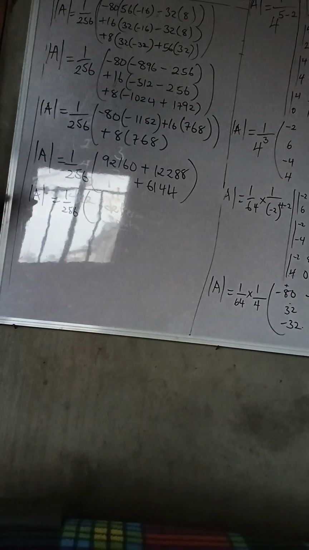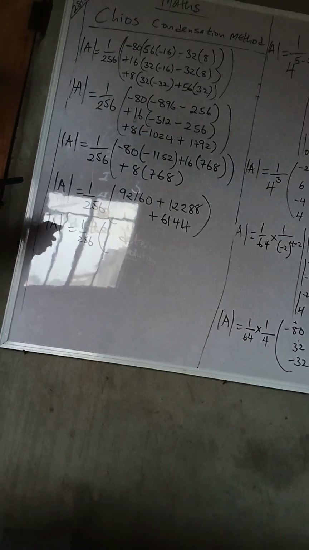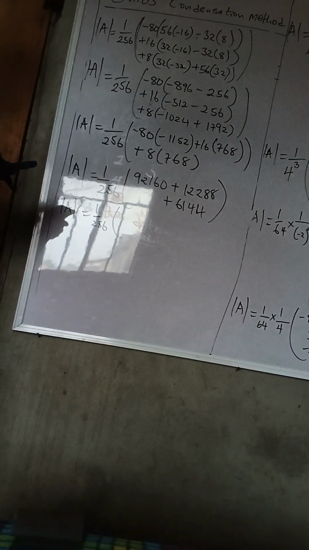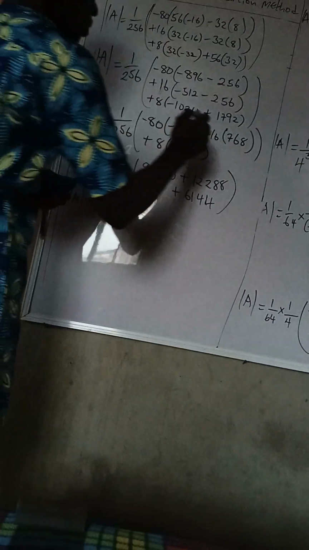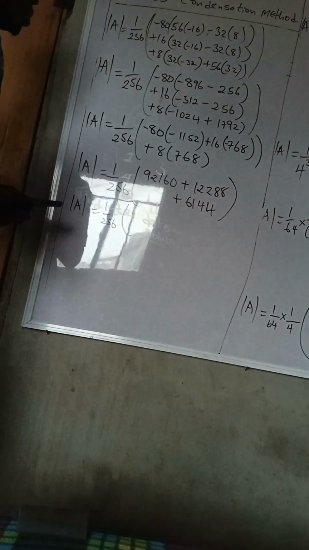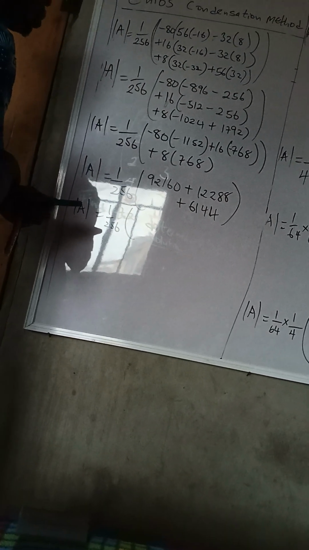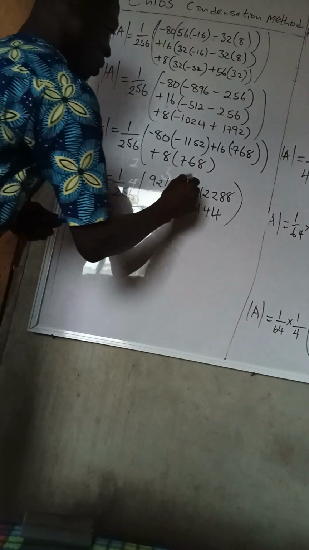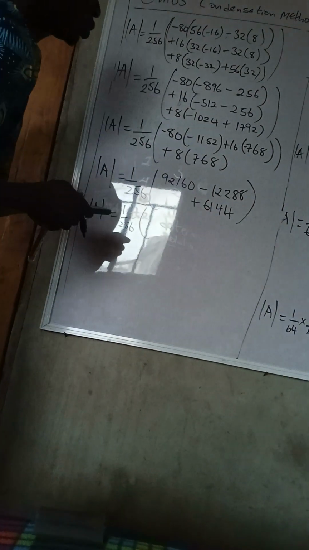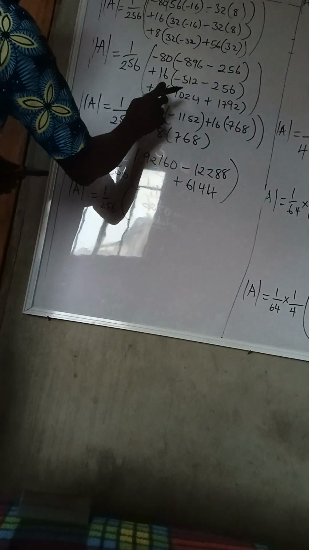We have 92,160 plus, okay, sorry, there's minus here, there's minus there, so this is going to be minus 12,288, and this one is surely plus.